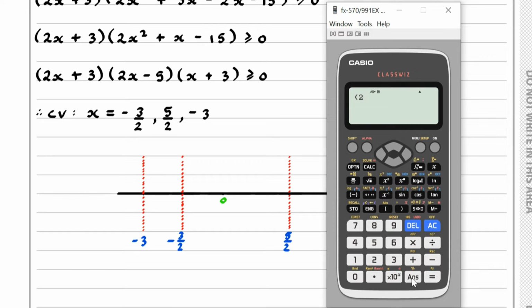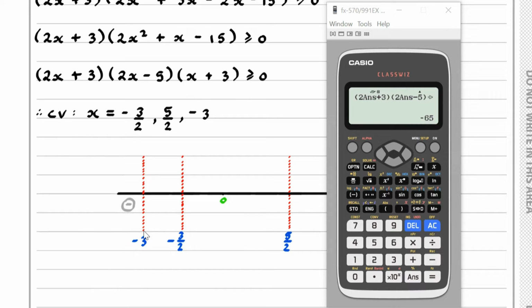So we have 2 times negative 4 plus 3 multiplied by 2 times negative 4 subtract 5 multiplied by negative 4 plus 3. We end up with negative 65. What we have is a negative value.